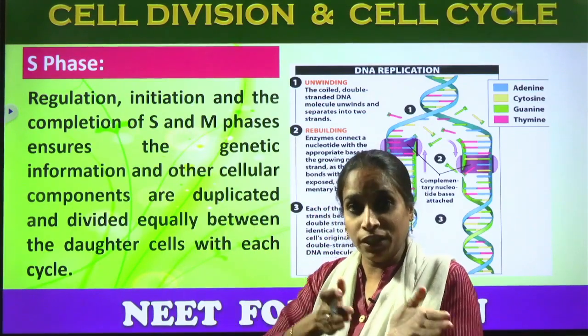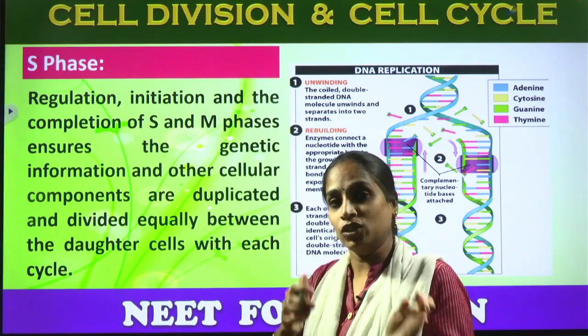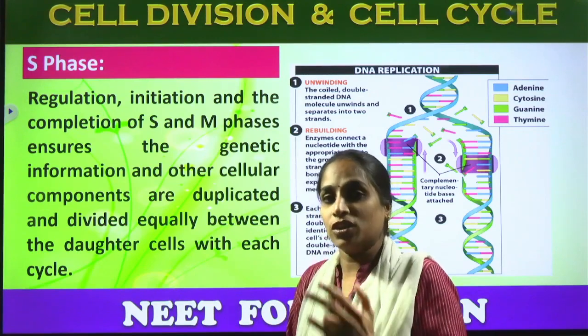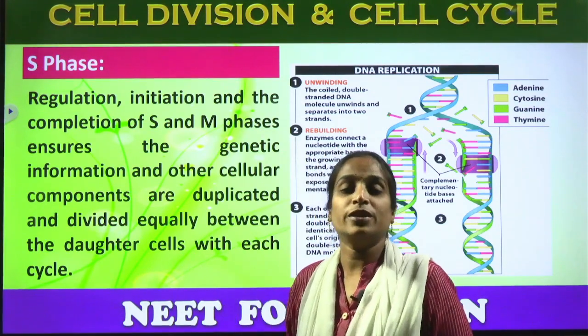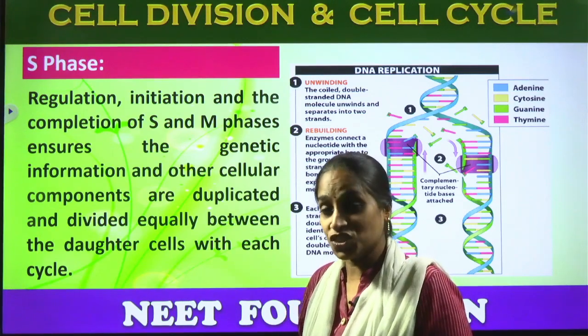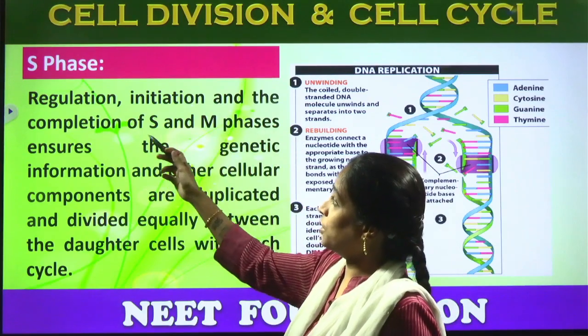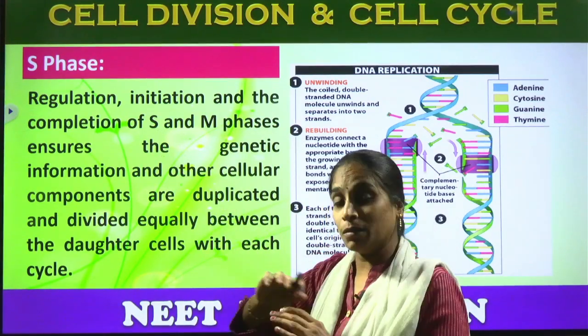After interphase, the mitosis begins. After interphase, each and every daughter cell will undergo either mitotic cell division, done by the somatic cells, or meiotic cell division, done by the generative cells. After the initiation and completion of the S and M phases, replication of DNA will complete itself.